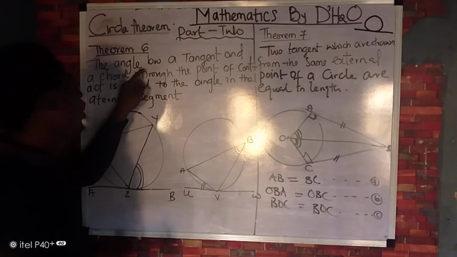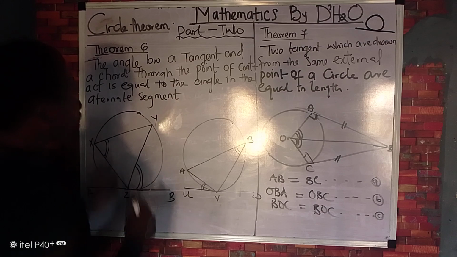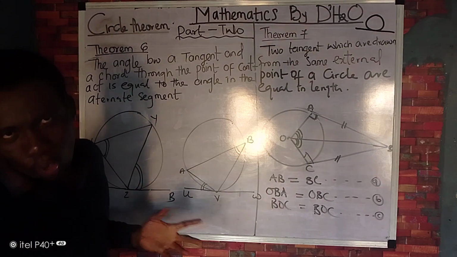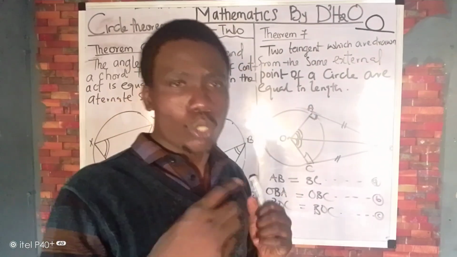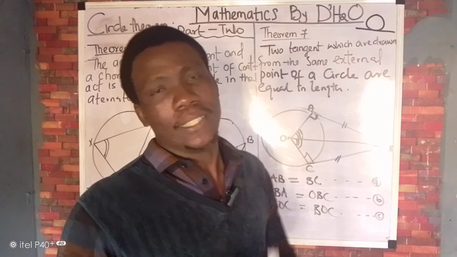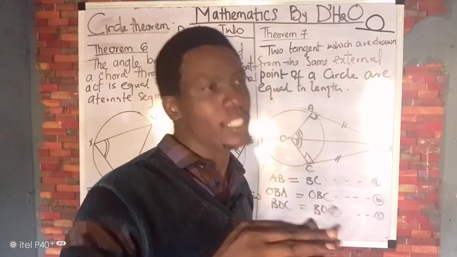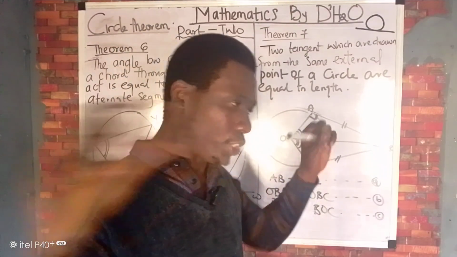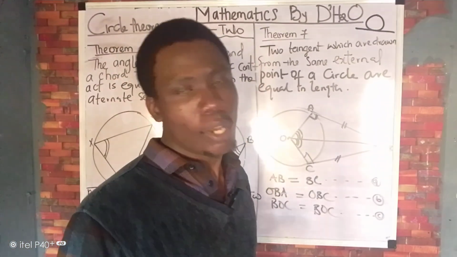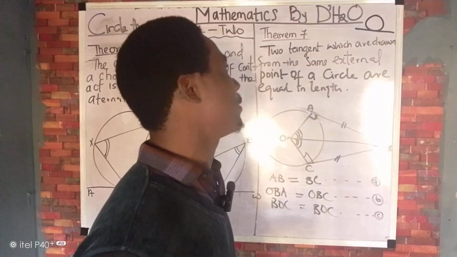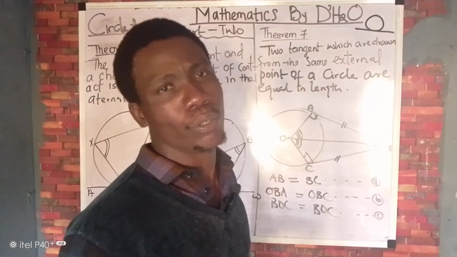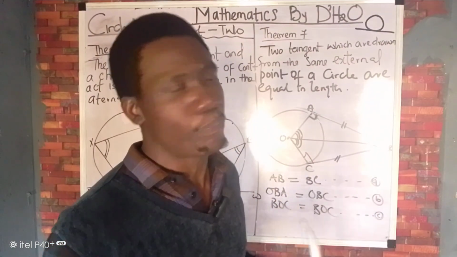Okay? The angle between a tangent and a chord. What is a chord? Very easy. Don't forget that a diameter is a line that passes through the center of a circle to touch both edges of the circle. But a chord, for instance, is a line that divides a circle into two unequal parts.